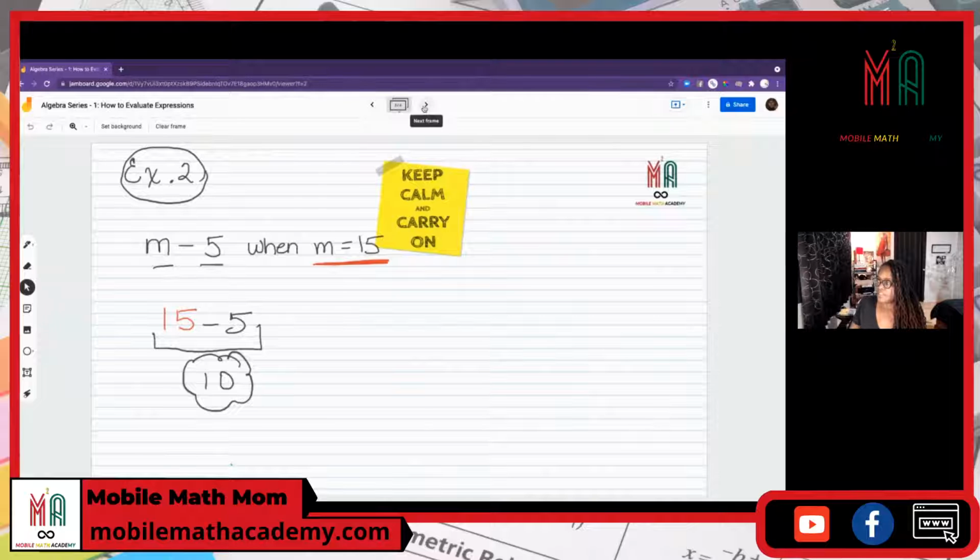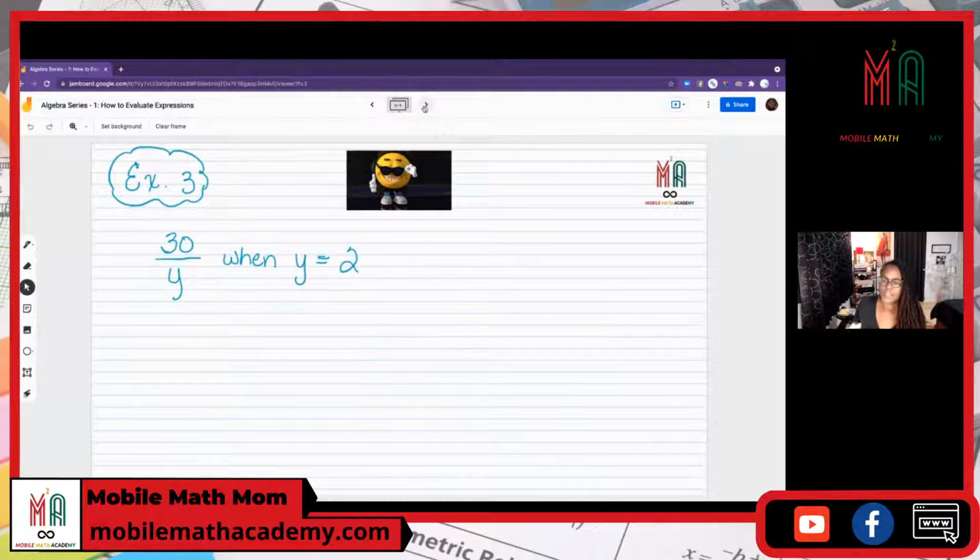All right, let's look at the next one. Now I have a fraction. I know you guys always freak out when you see fractions. You're like, oh my God, it's a fraction. Fractions are your friend. We're going to deal with this. All right, so this is 30 divided by y, but I'm going to replace this y with a 2. So 30 divided by 2.